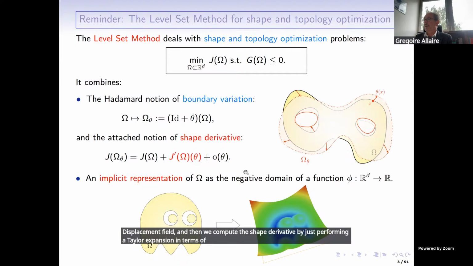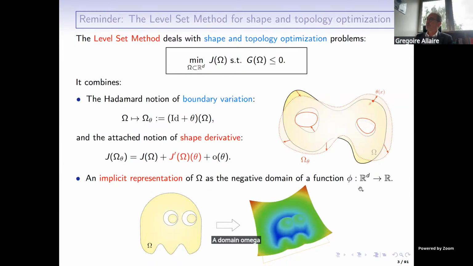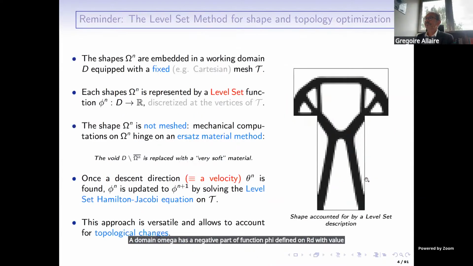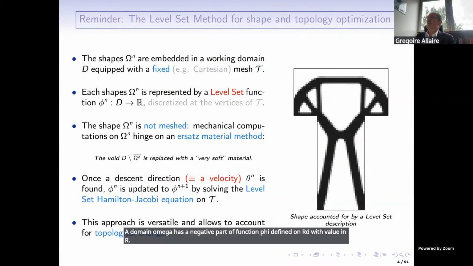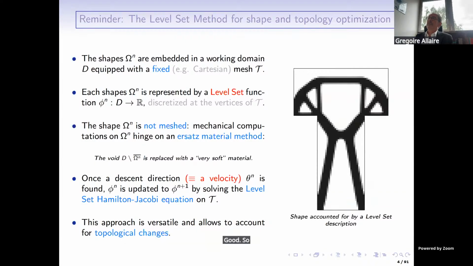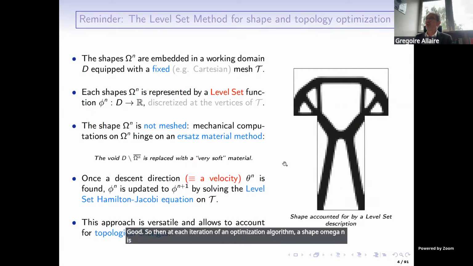And then this is coupled with a second very important tool, which is indeed the notion of level set introduced by Osher and Sethian, which represents a domain omega as the negative part of a function phi defined on R^d with values in R. Good. So then at each iteration of an optimization algorithm, a shape omega n is represented by a level set function on a fixed mesh.